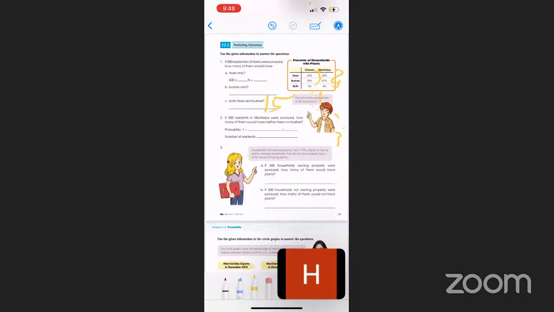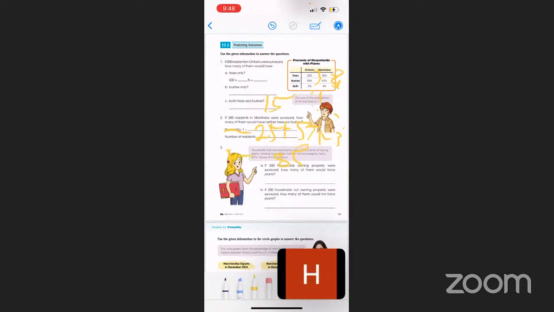Yeah, basically add all these three: 25 plus 57 plus 4. So what is 25 plus 57 plus 4? 85. Okay, so this is what we have to subtract, because you know how they're saying the probability is 1 minus that number?